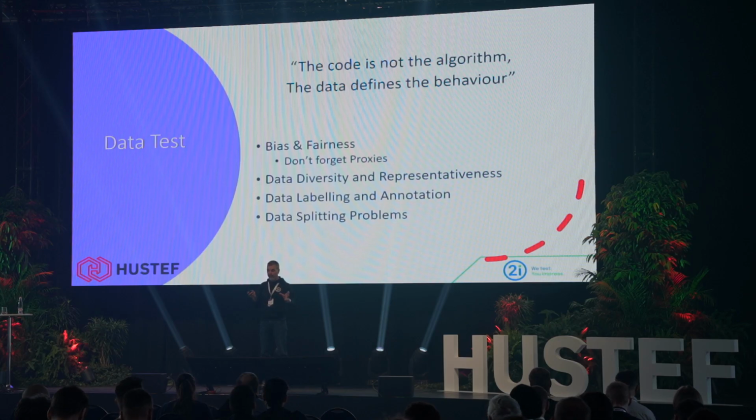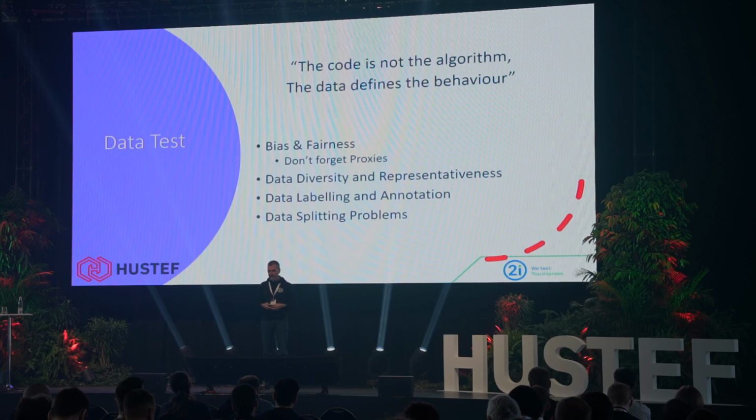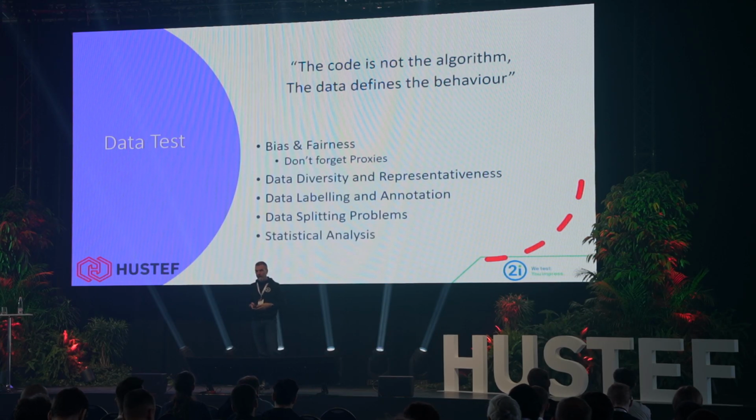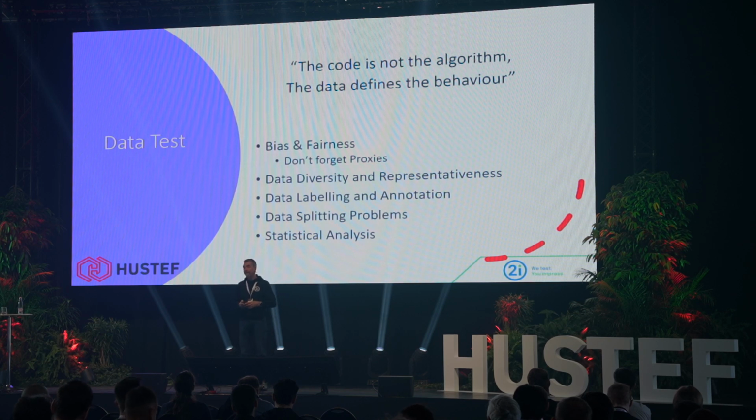But you need to make sure, again, that the bias isn't there, that the representativeness of it is, so that the testing data and the training data are representative. Both sets are representative. And this is done through statistical analysis.